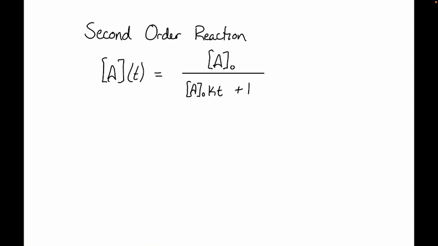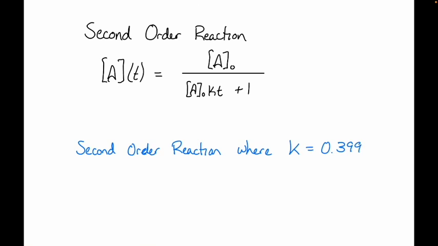So let's just say we have a 2nd order reaction where k is equal to 0.399.